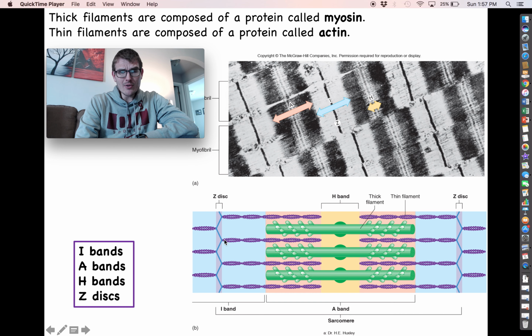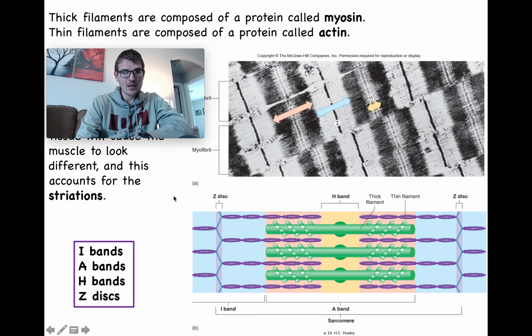You will notice here how we have some regions where we only have thin filaments, some regions where we only have thick, and then some regions where we have a little bit of a mix of both. So we have names that we use to indicate which one we're talking about.